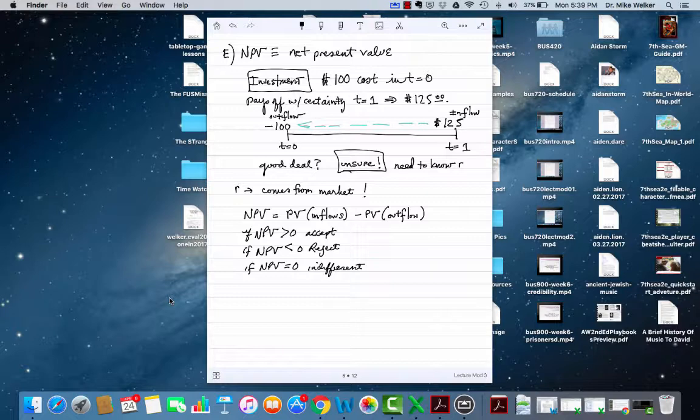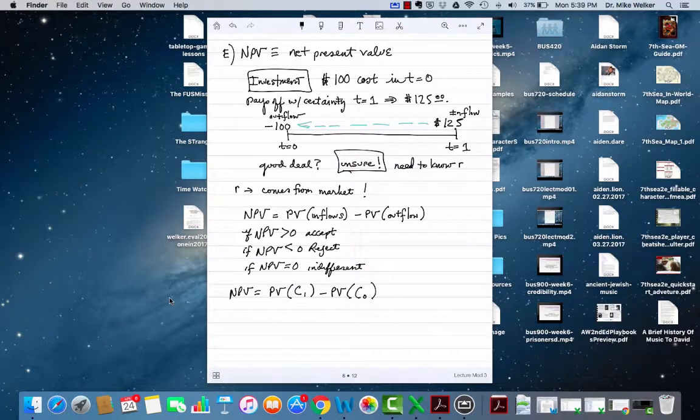Our wealth is unchanged in such a situation. So in our example, we're just writing the present value of the cash flow received in time period 1 minus the present value of the cash flow that goes out in time period 0.